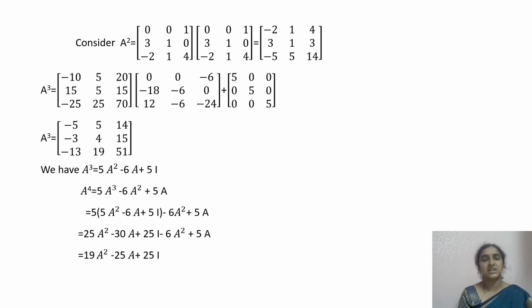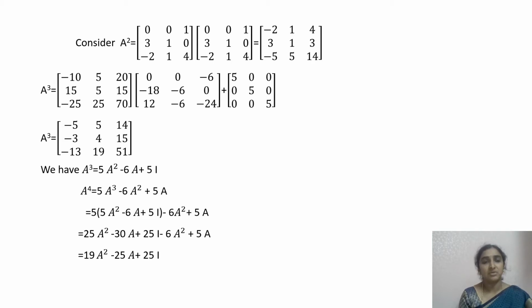Now let us consider A square, which is equal to A cross A, resulting in the matrix [minus 2, 1, 4; 3, 1, 3; minus 5, 5, 14]. We can find A cube using A square. So A cube is equal to A square into A, which is resulting in the matrix [minus 5, 5, 14; minus 3, 4, 15; minus 13, 19, 51].